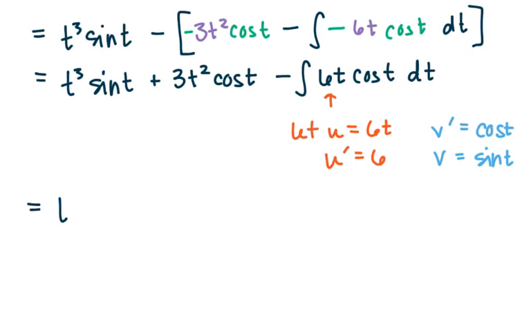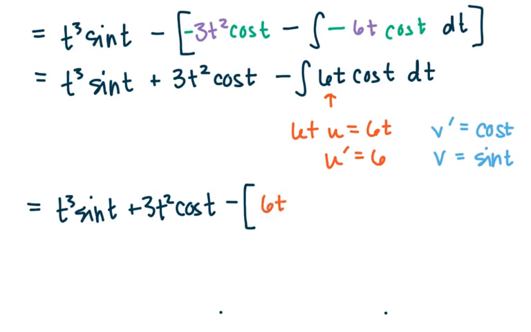So, bringing down, I've got t cubed sine of t plus 3t squared cosine t minus, and my integration by parts is uv, so 6t sine t, minus the integral of v u prime, so 6 sine t. I'm going to put that 6 in front. The integral of 6 sine of t dt.